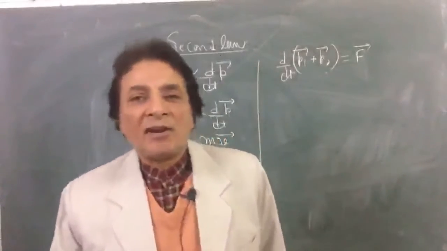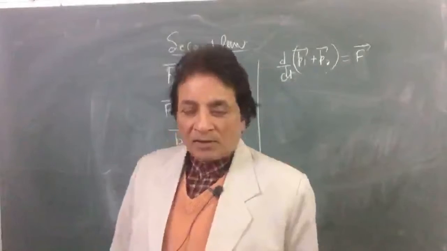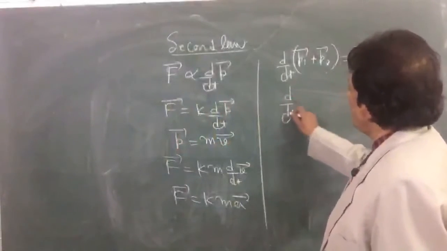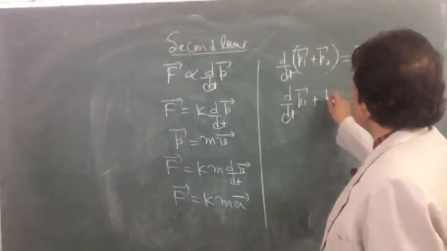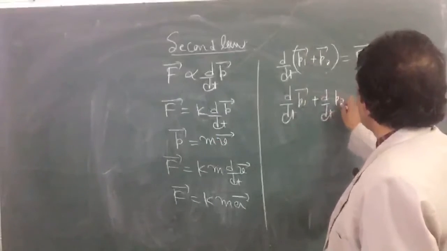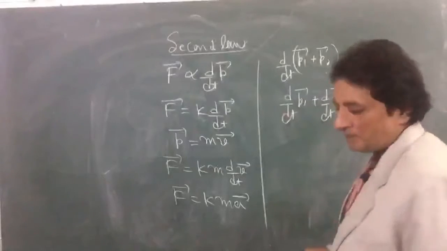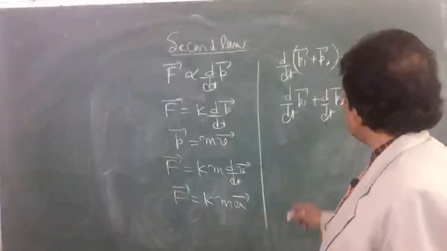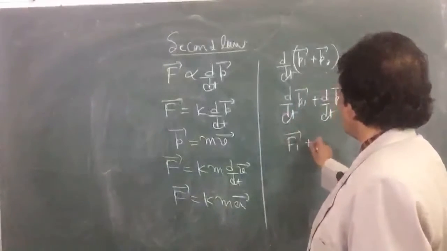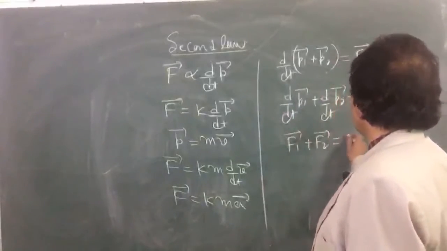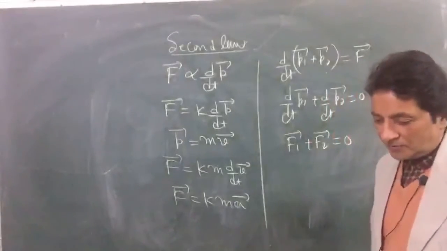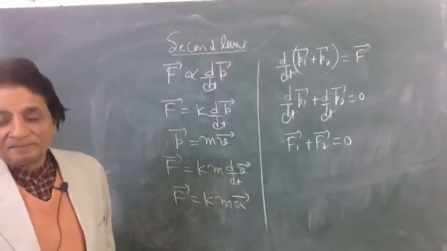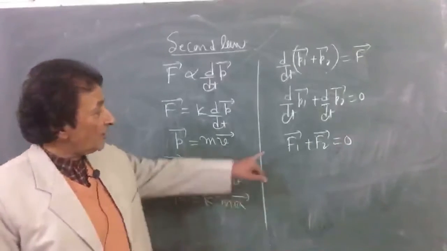Students, what is the net force? I have just told you the net force is 0. So dP1/dt plus dP2/dt equals 0. When the net force is 0, it means F1 plus F2 is equal to 0, which is Newton's third law.